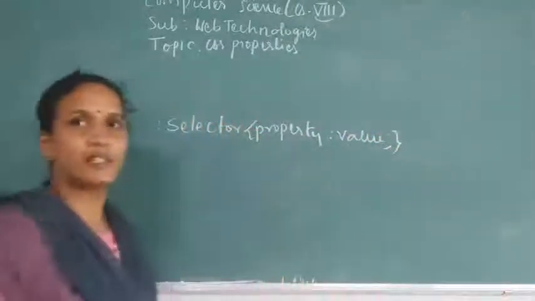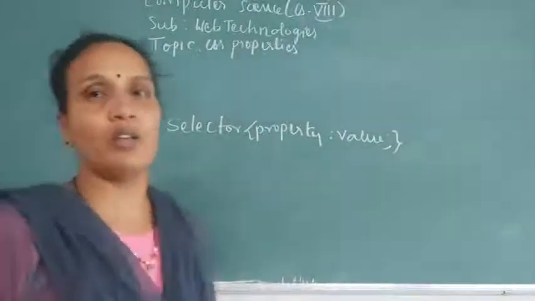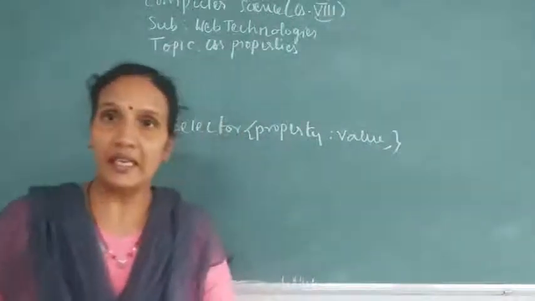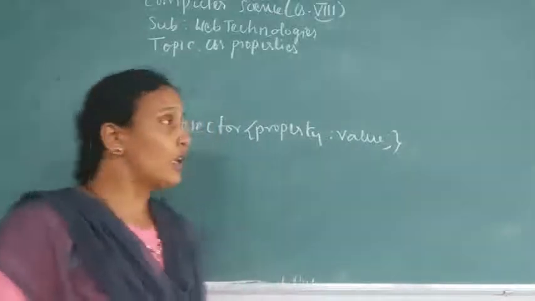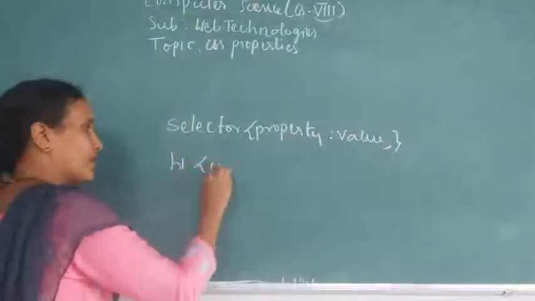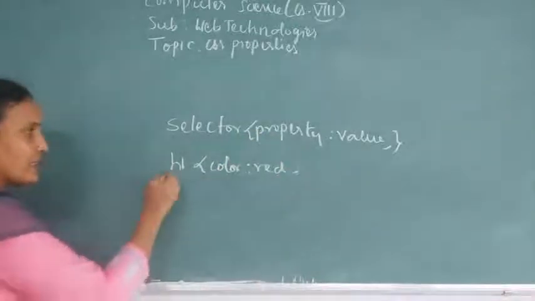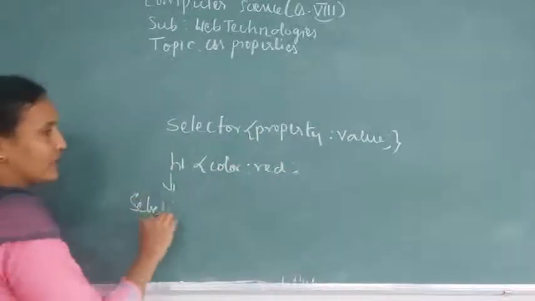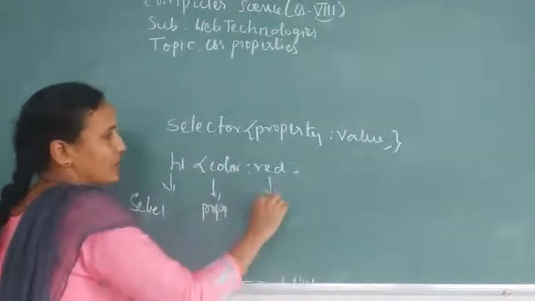Okay, this is the basic syntax when you are giving styles to any HTML element, or if you are creating any class or ID selectors. So in the previous example I have given, H1 color red, this is called a selector, this is called a property, this is called a value.